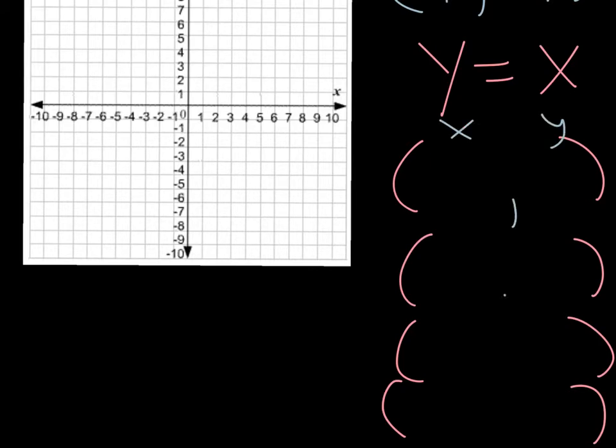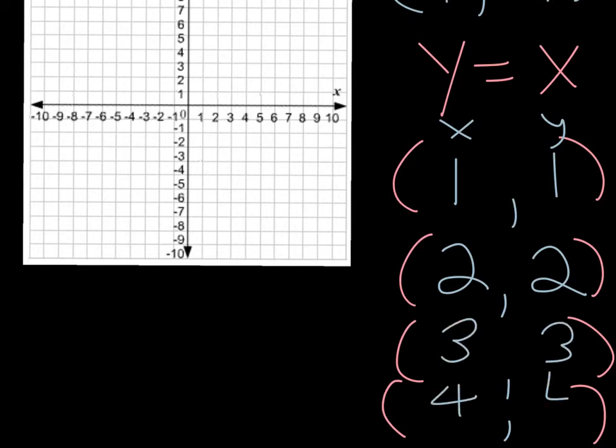So have a little think about it. Y is equal to x, so if I pick x to be 1, my y coordinate needs to be equal, so that would also have to be 1. If I pick the x coordinate to be 2, the x and the y have to be equal, so that would have to be 2, and so on. So you'd get 1, 1, 2, 2, 3, 3, 4, 4, and so on.